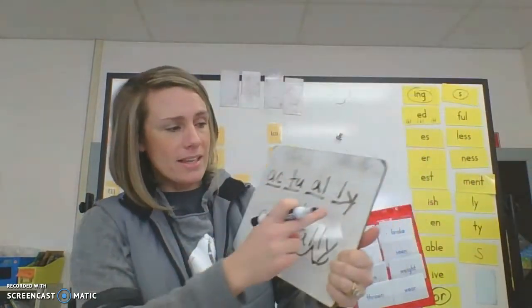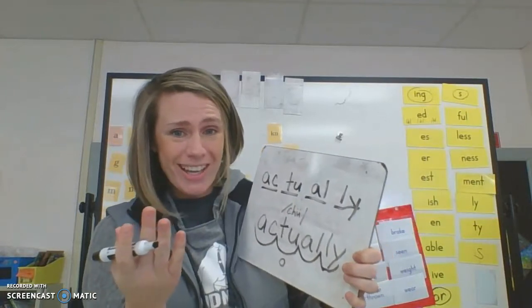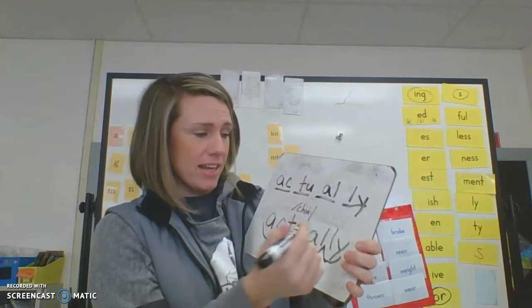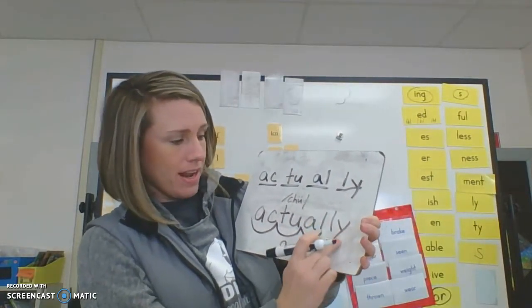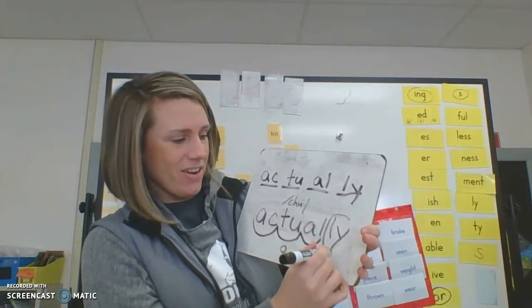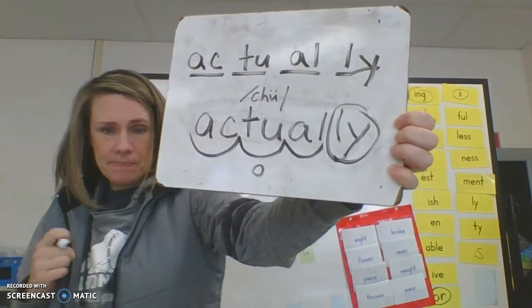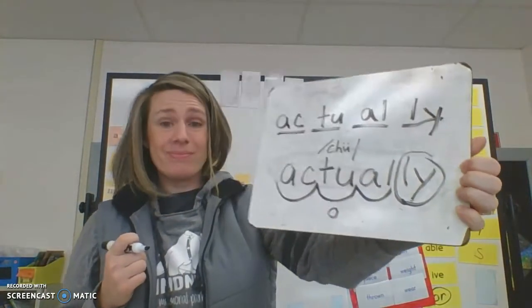Oh yeah, this isn't just a Y because it's an LY, because what's the base word? Actual. So ly is what? A suffix. So we'll circle it. We don't even need to scoop it, actually. I was hoping someone would notice that. Actually. Okay. Anything else?